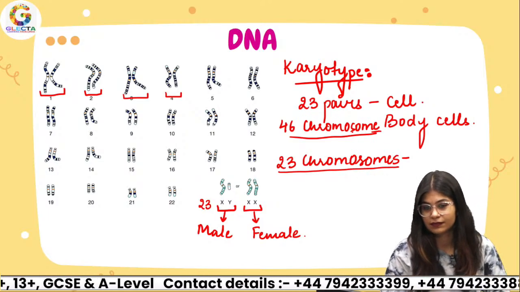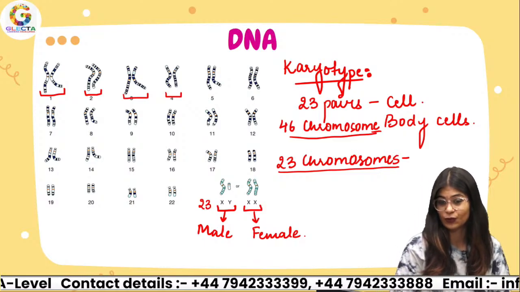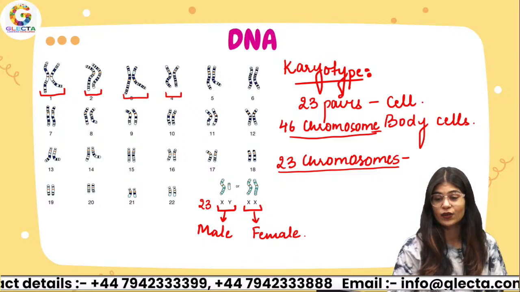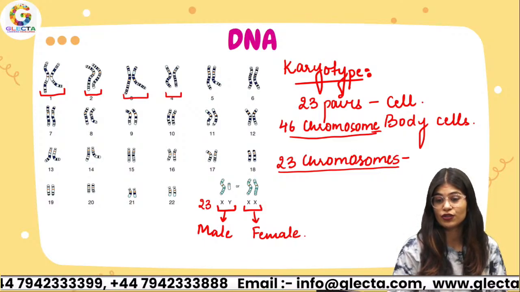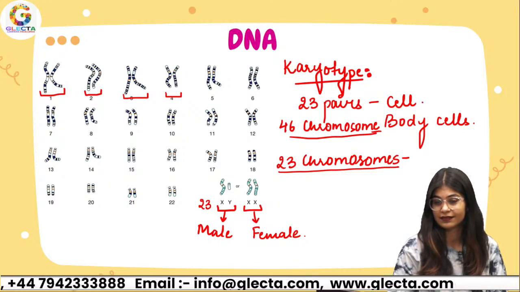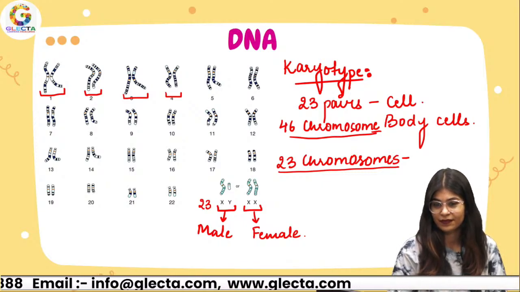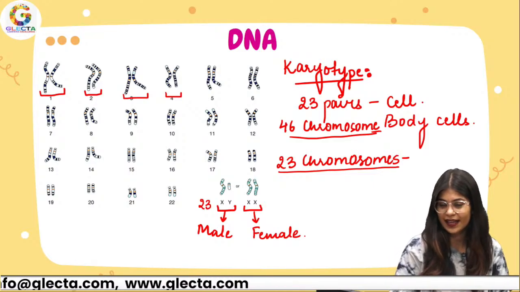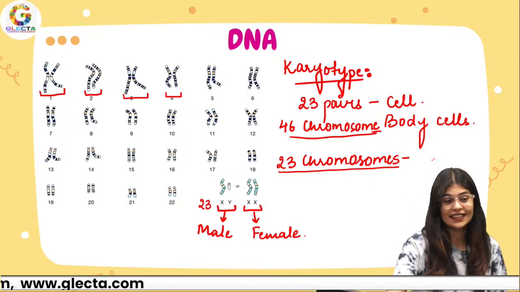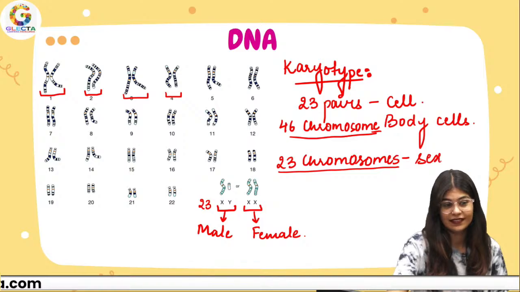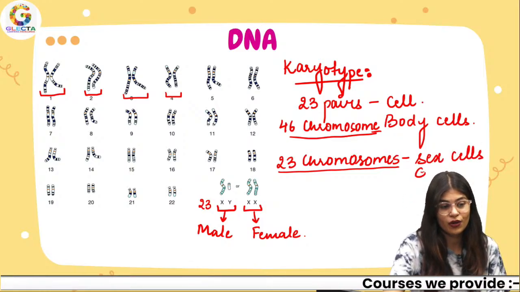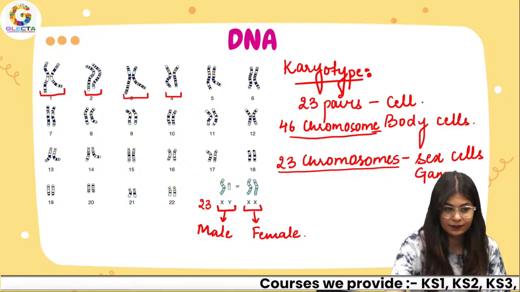Okay, 23 pairs, that's 46, that's correct. And which cell has 23 chromosomes and that's it? Nobody knows about that? Sex cells. No mothership, it is sex cells, what we call gametes.